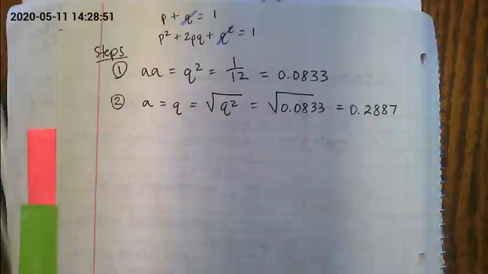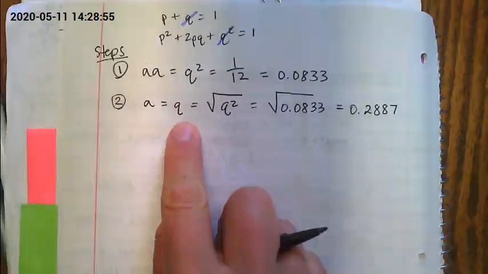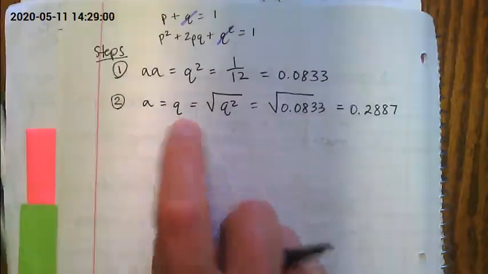Okay, then let's mark that off in our formulas up there. All right, so now we have Q, so now what could we find? P, right.